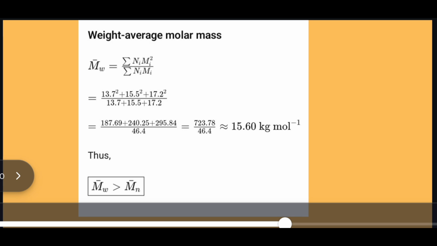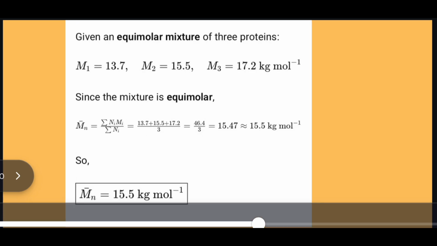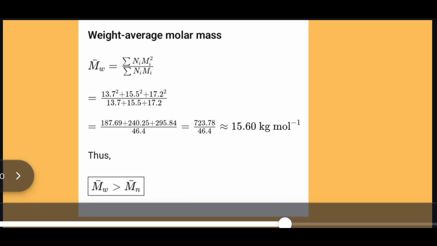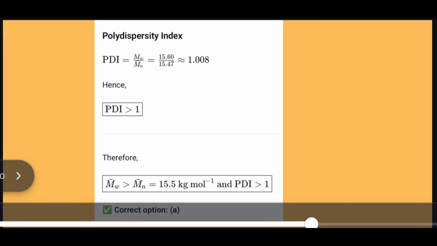So MW bar you will get as 15.60 kg per mole, and Mn bar you will get as 15.5 kg per mole. So MW bar is greater than Mn bar. So next we'll see the polydispersity index.